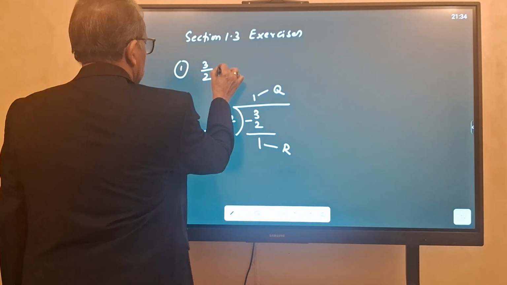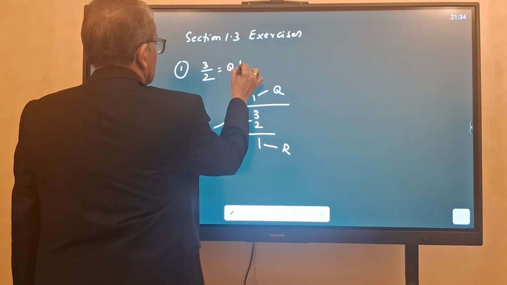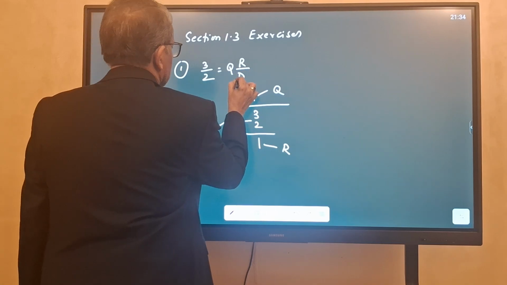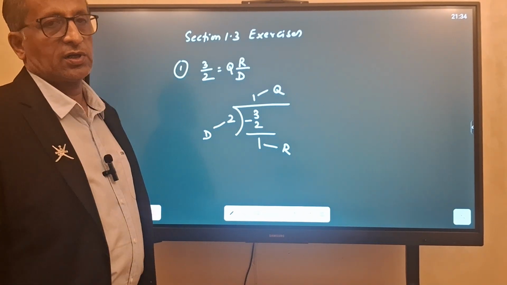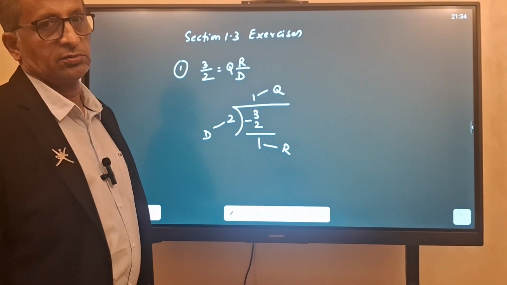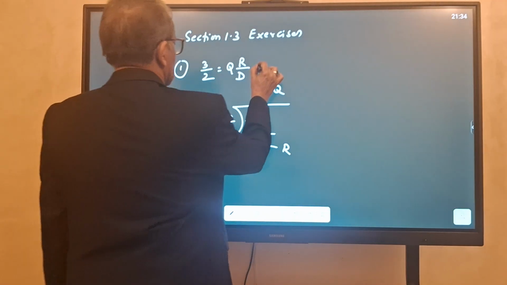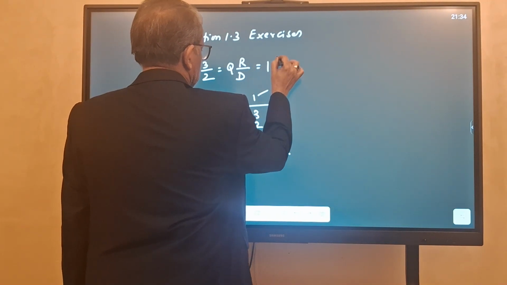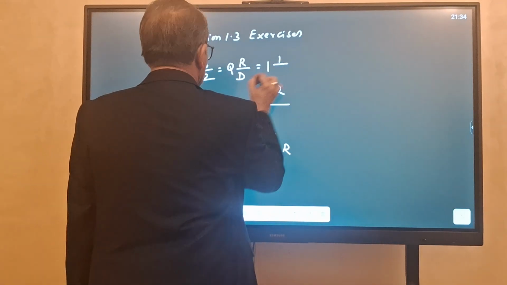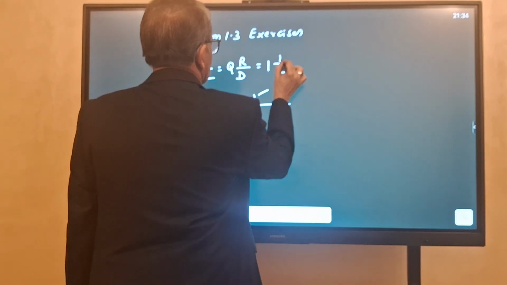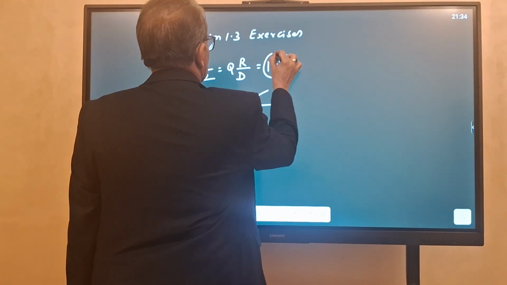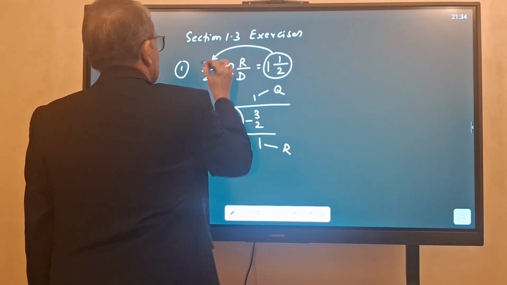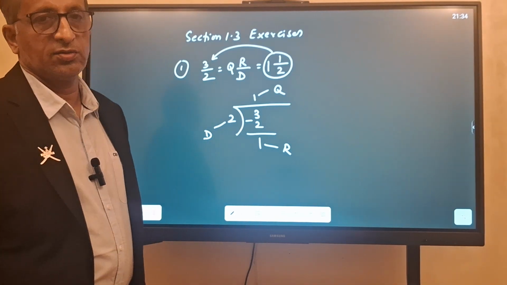Now I will give you the formula for this: Q R by D. This is the formula for converting improper to mixed number. So Q is 1, R is also 1, and D is 2. So this is the mixed number of the improper fraction 3 by 2.